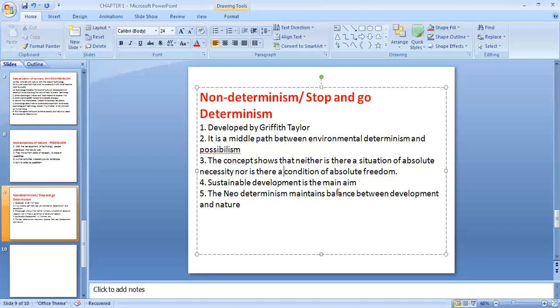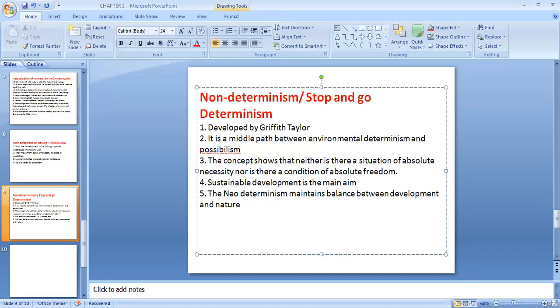So neo-determinism, or stop-and-go determinism, is the approach which is directing you, like the traffic police. There are three ways, and whenever you are going somewhere, the traffic police never change your speed. They just change your direction. If there is no parking or no entry, then you have to change your direction.